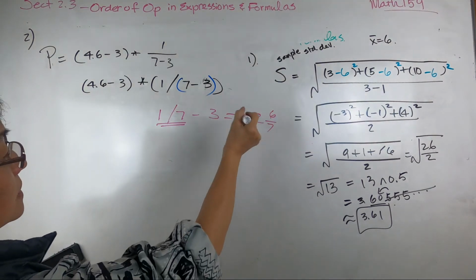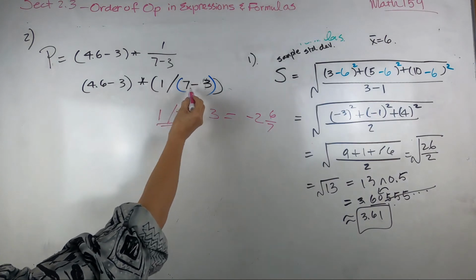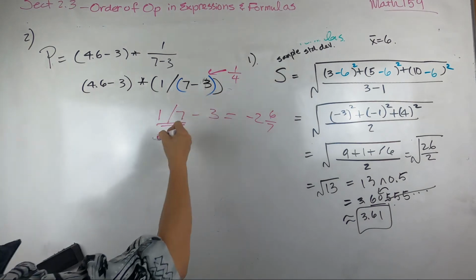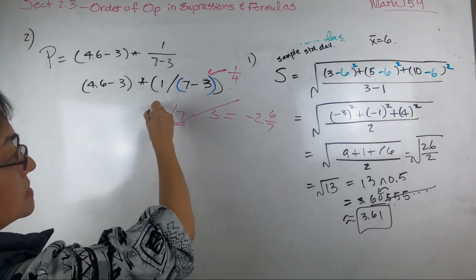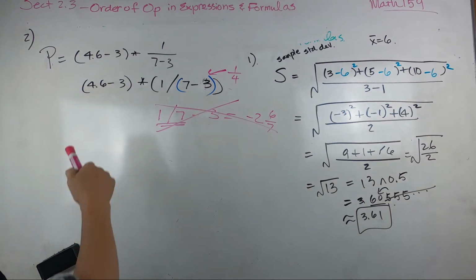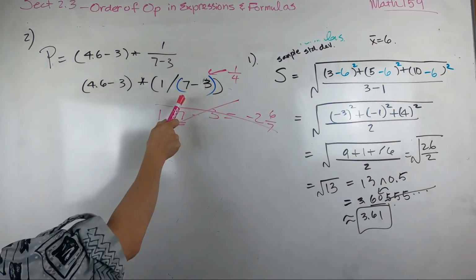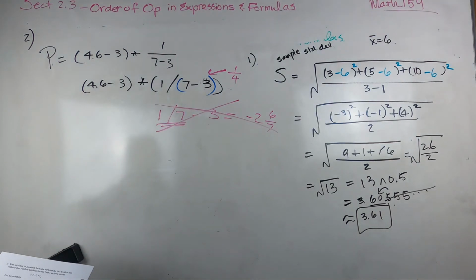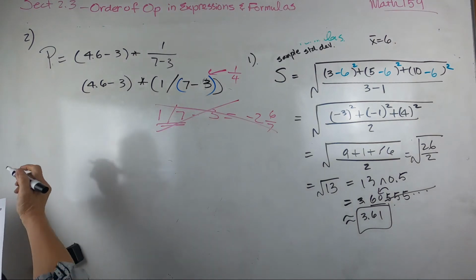But originally 1 divided by 7 minus 3 is 1/4. It's a different answer. You cannot do it this way. You need to use the order of operations concept when you enter it into a calculator. Okay, that's important.